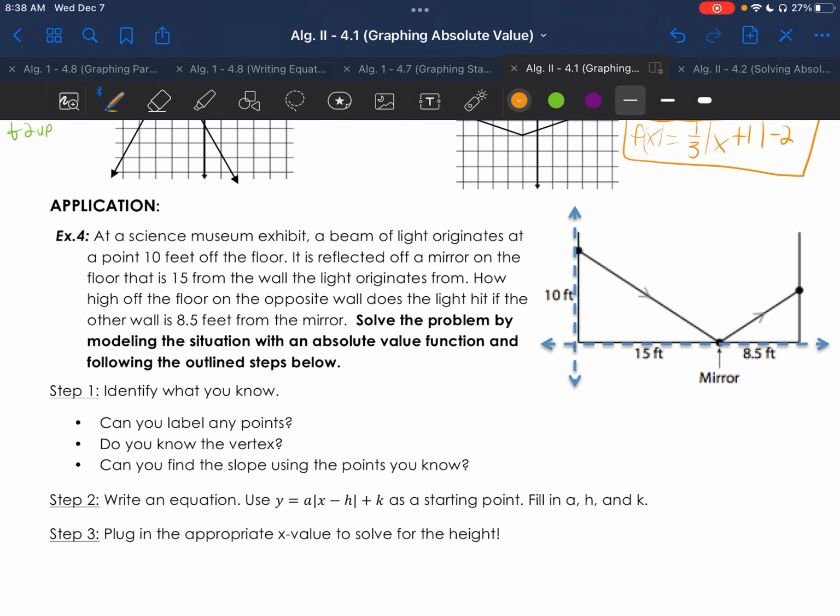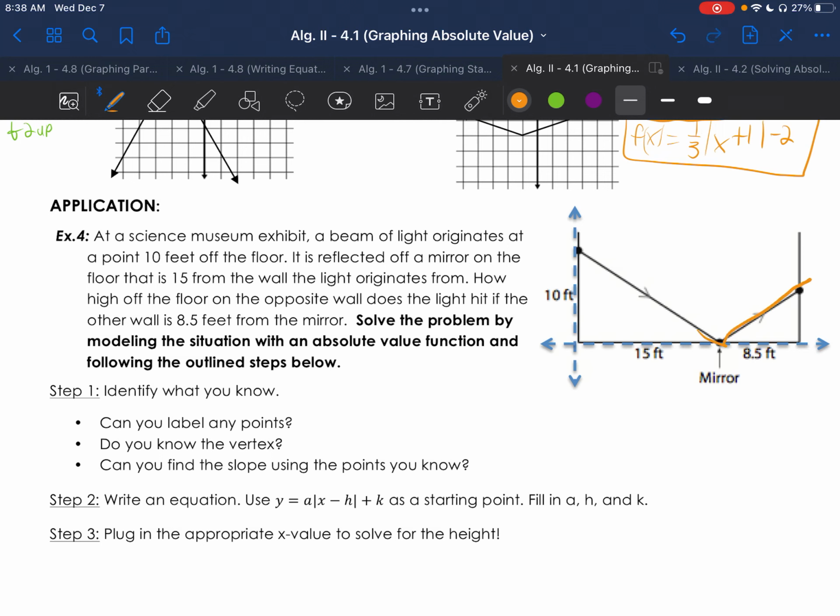All right, let's apply it. So here, Science Museum exhibit, beam of light originates at a point 10 feet off the floor. So that's here originating this beam of light. And then it's reflected off a mirror on the floor that's 15 feet from the wall that the light originates from. So 15 feet away from this wall, you see this mirror.